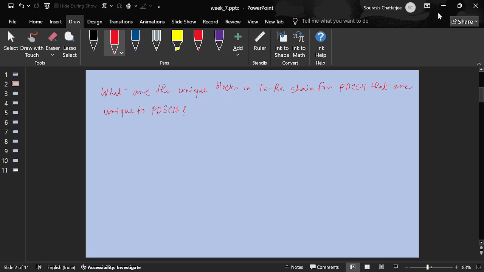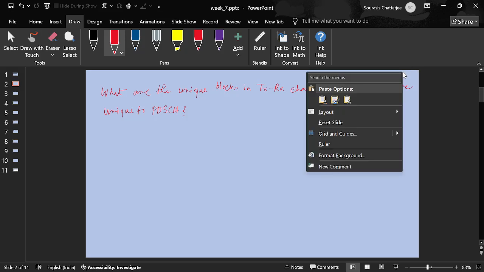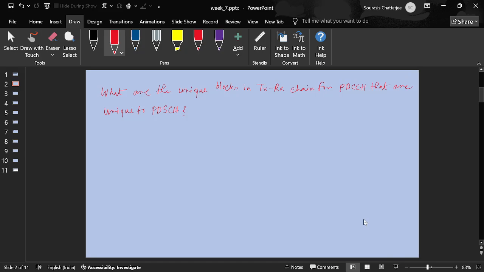Okay, let's first talk about this CORESET 0. What information does it carry? Normally it will be like downlink common channel details and uplink common channel details, RACH related information.